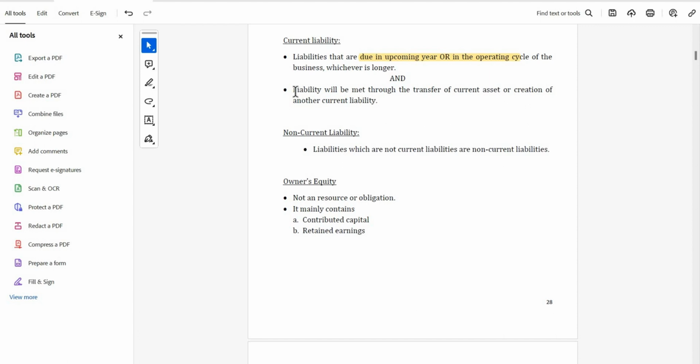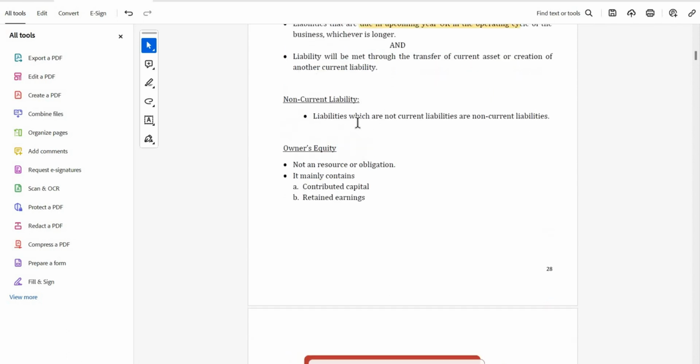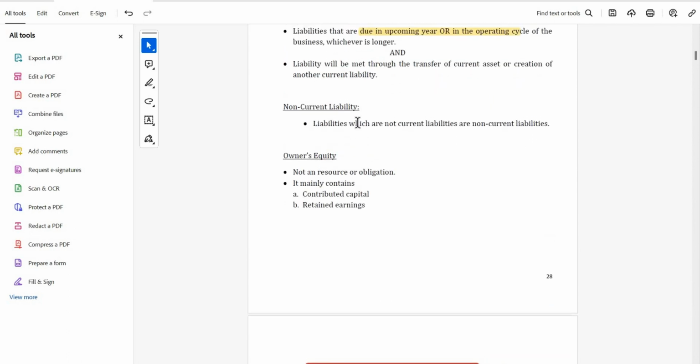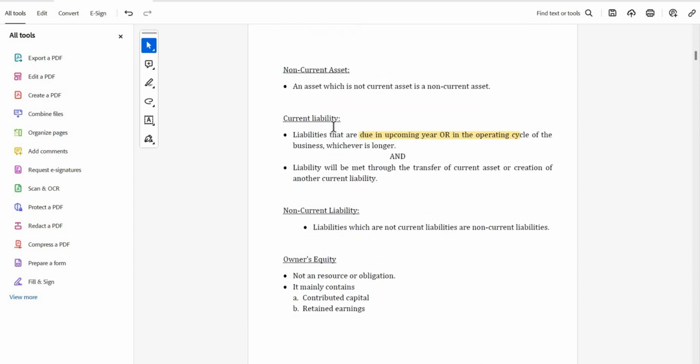Liabilities which will be settled through the transfer of current asset or creation of another current liability are known as current liability. So what are non-current liabilities? Non-current liabilities are the liabilities which are not current liabilities. We have definitions for current asset and current liabilities, and those which are not current are automatically non-current.